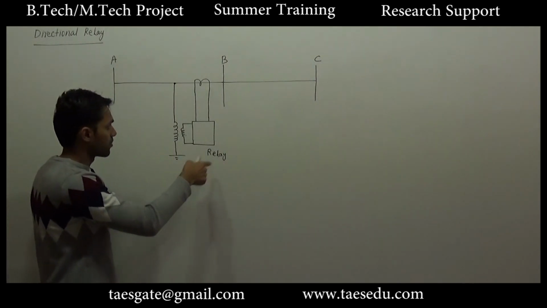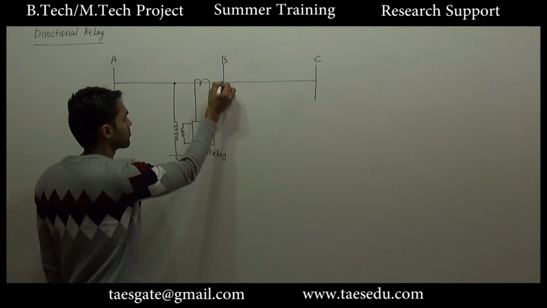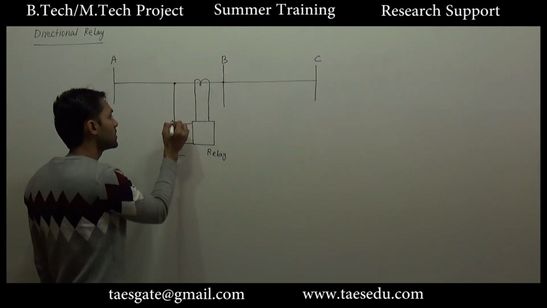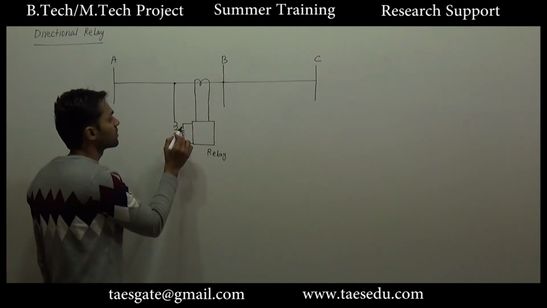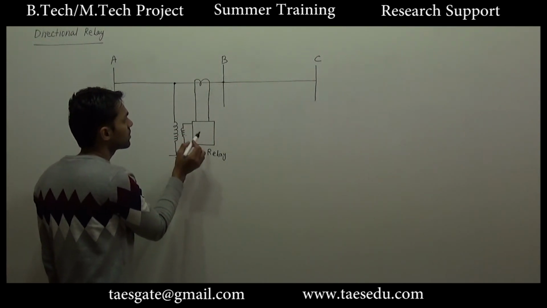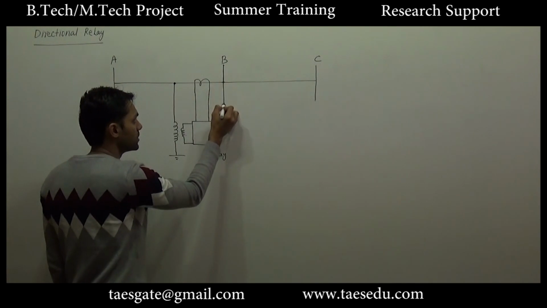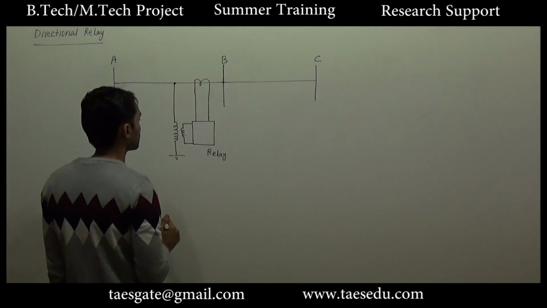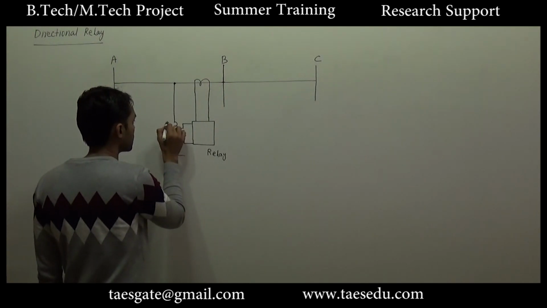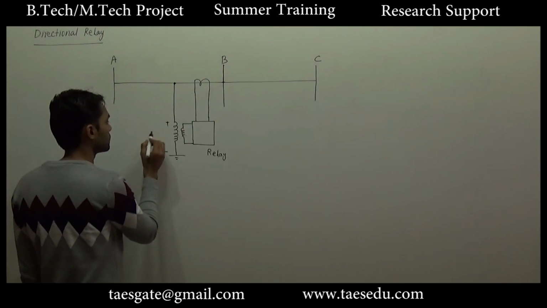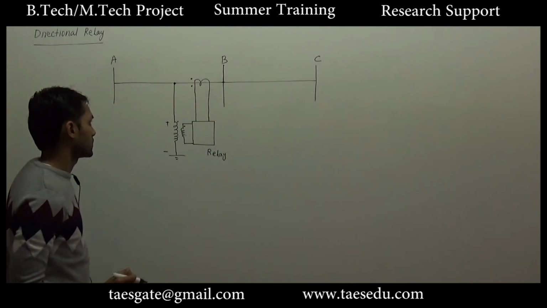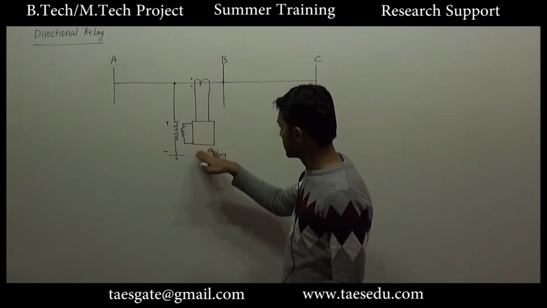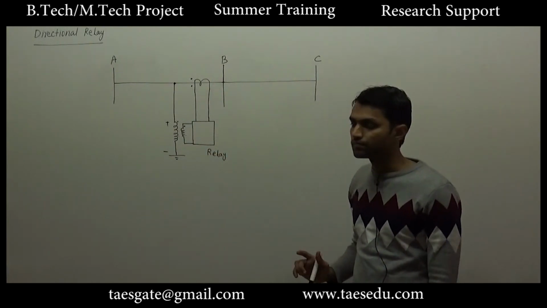Although just for drawing the diagram I have separated this point from B, essentially this potential transformer will give information about bus B voltage to the relay. So this is nothing but bus B voltage. This way the fault current and the voltage will be fed to the relay.